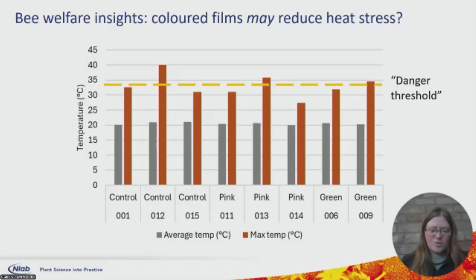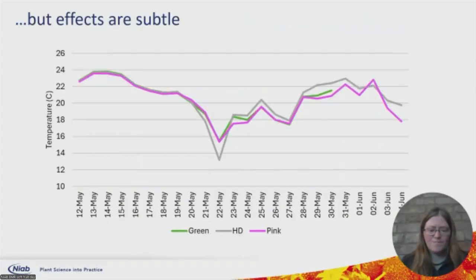This is something that we would quite like to dig into more. Tracking it over the course of the entire cropping season, it did seem like overall the temperature inside the hives in the pink film tunnels was a little bit lower, and in the control ones was a little bit higher. So it does seem like there's a small but subtle effect on hive cooling that might be happening.